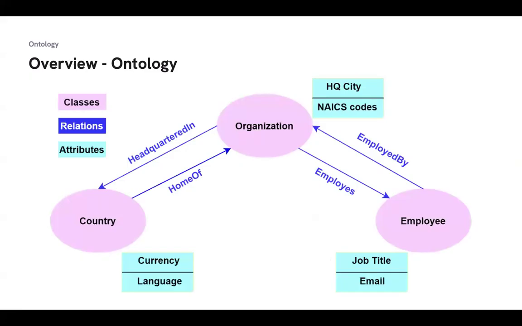So this is a typical example of a simple, really very basic ontology. And here you can see three concepts are represented here. There is a concept around organization, around employee, and around the country. And between these three concepts, there is a relationship.